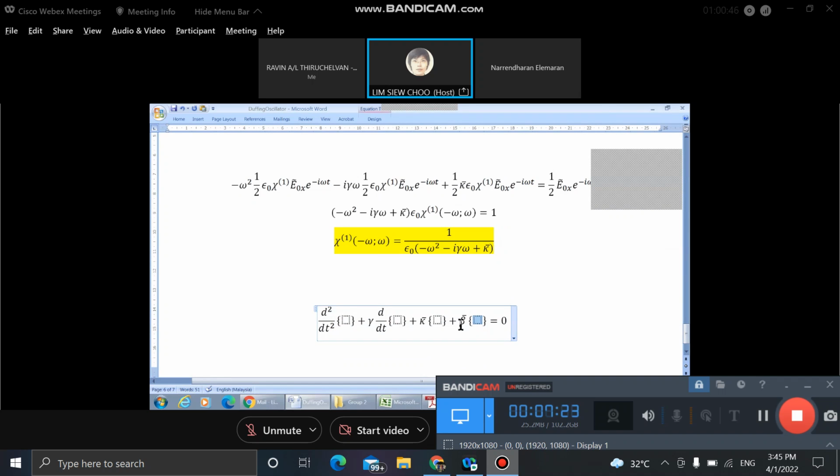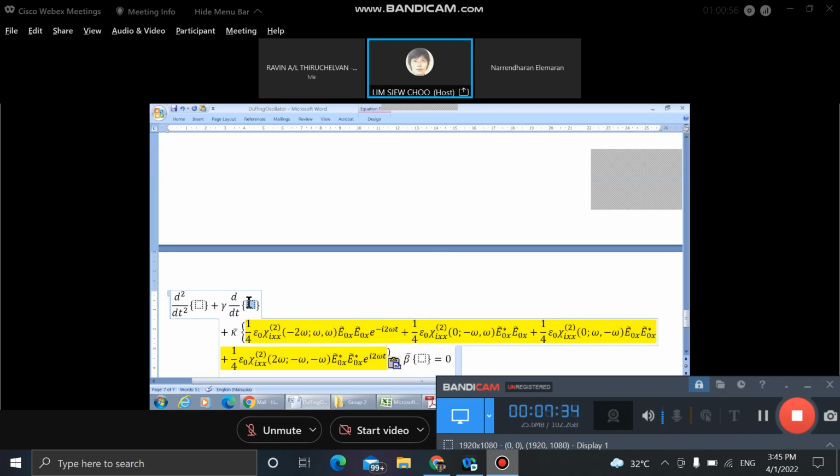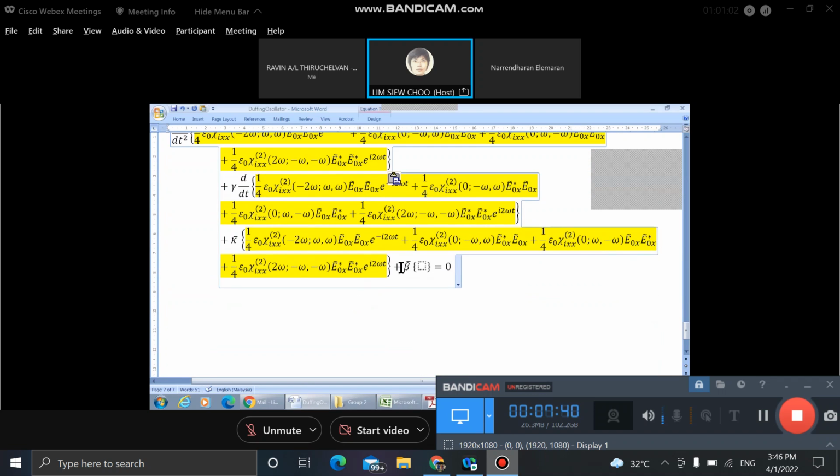Okay, this one actually is P to the power of 3, so this is actually third order. It's not relevant. So we substitute into here, into here, into here. This one is not relevant, but just leave it here. So for the second order, you can see that the right side is 0.